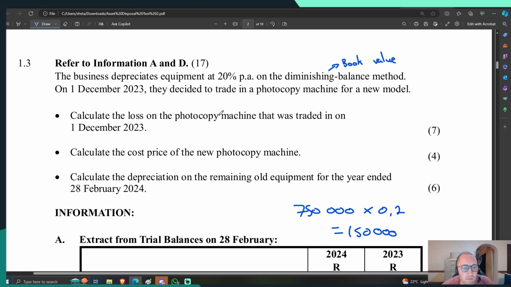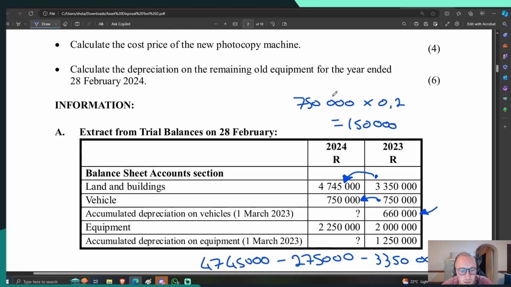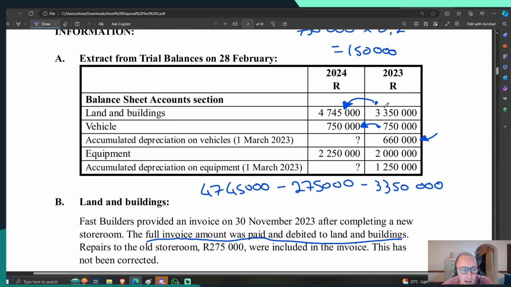So let's keep going. Let's do that. Calculate the loss on the photocopy machine. Let's look at our information here. Our equipment went from 2 million to 2,250,000. That is to say, there was an increase in our equipment overall of 250,000.